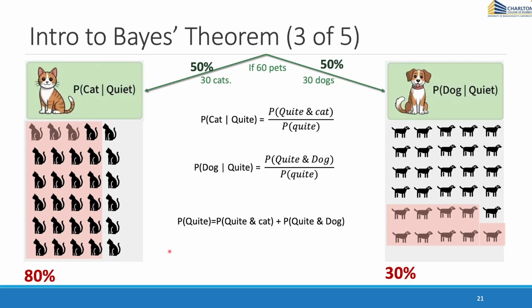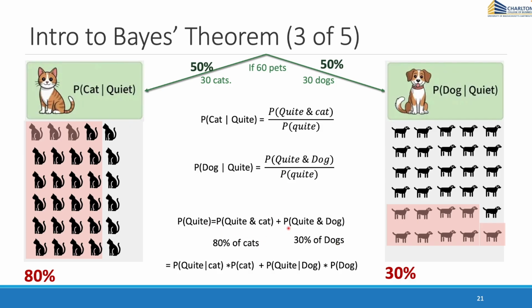So mathematically speaking, probability of being a quiet pet is probability of being cat and quiet plus probability of being dog and quiet. That's 80% of cat and 30% of dogs. So now we can rewrite it based on the multiplication rule.